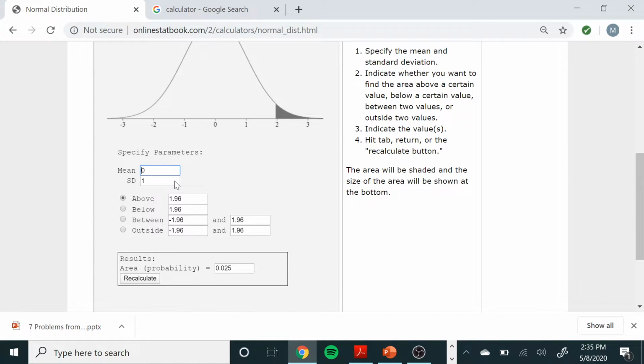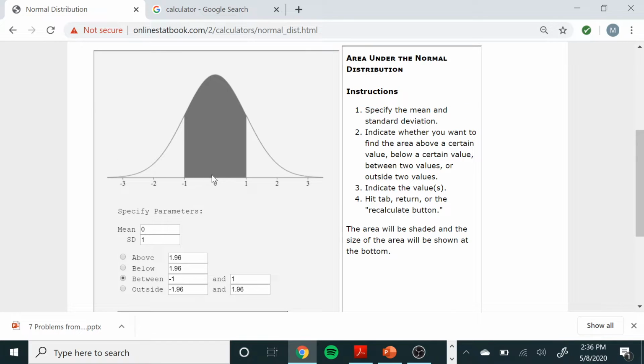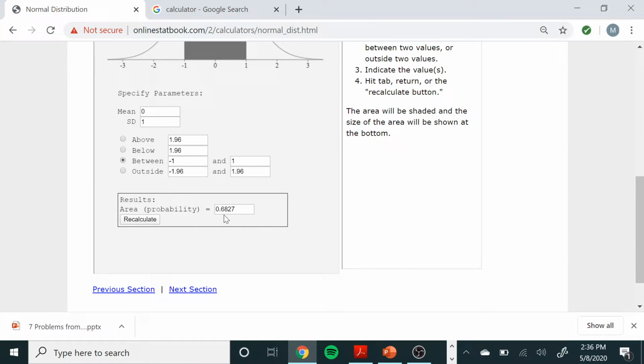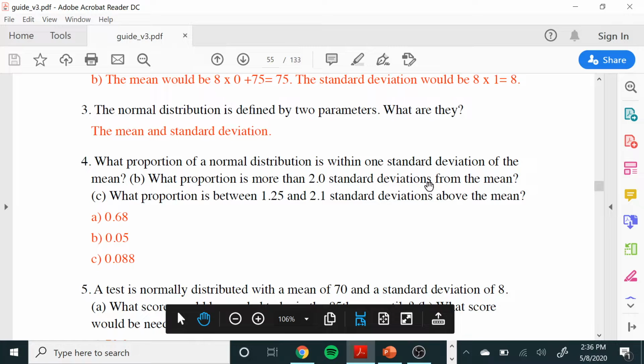And again, you need the standard normal distribution calculator. So we need between -1 first, and 1. Notice we've got the area between 1 and -1 shaded. And just like on my little graph before, you can see the area is 0.682.